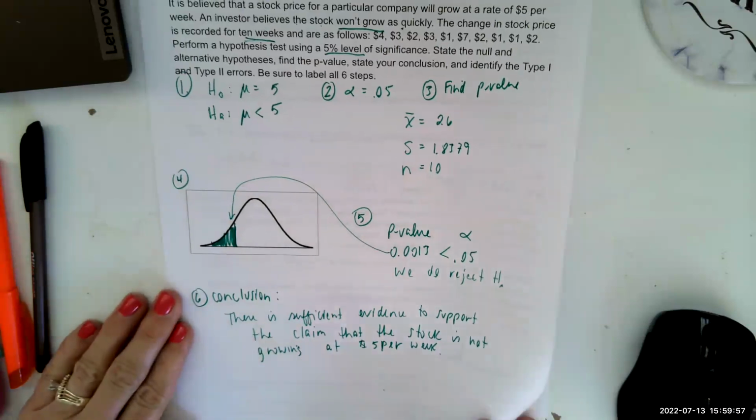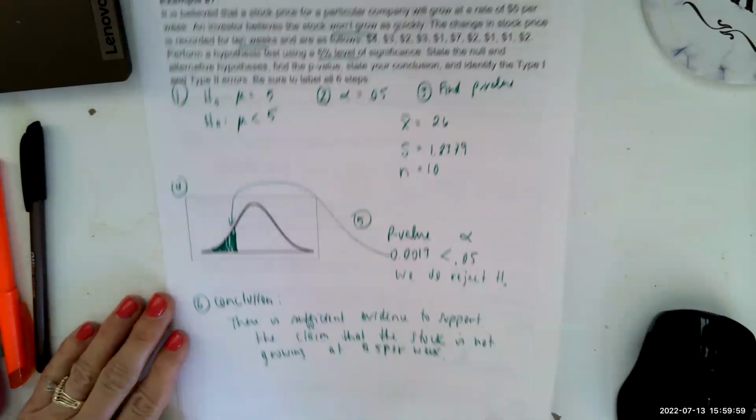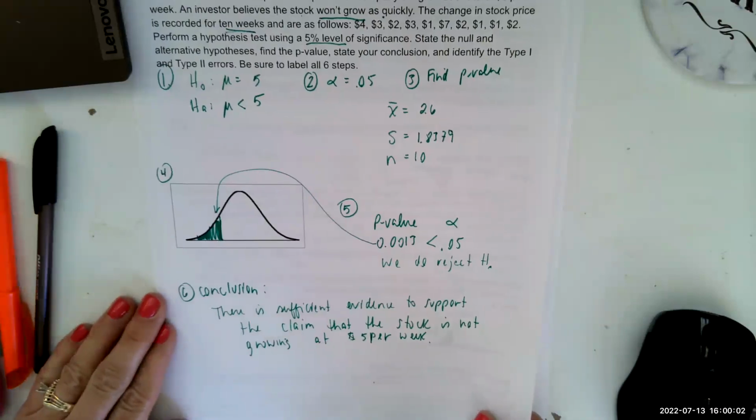Not growing at $5 per week. So there's our 6 steps.